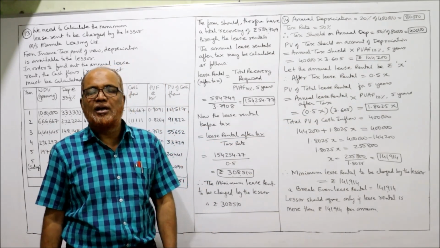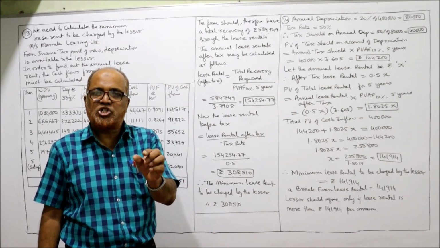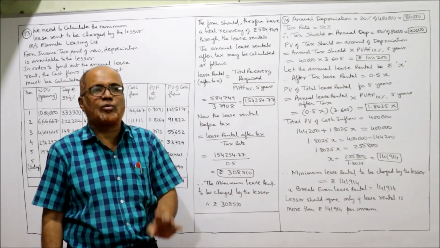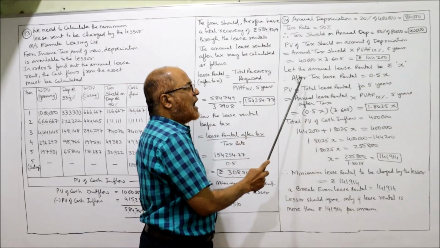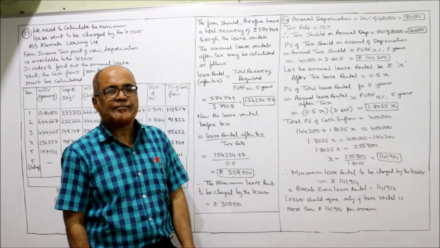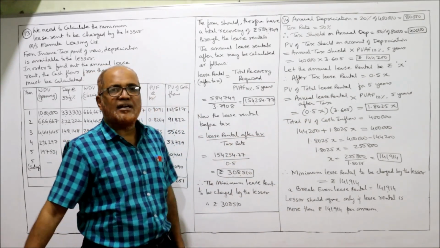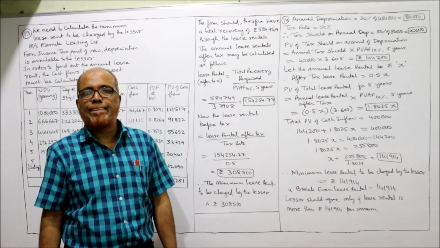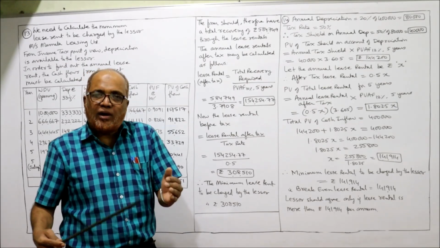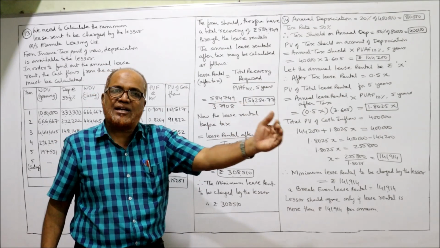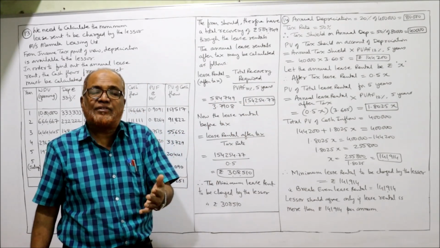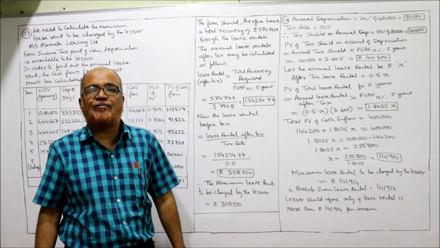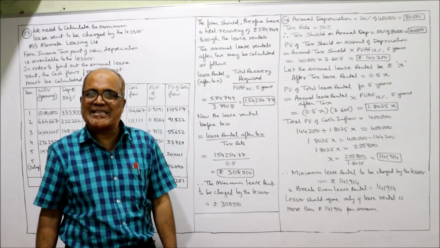Let the annual lease rental be X. Suppose the annual lease rental to be charged from the lessee is X rupees. Before tax we are charging X, but after tax we have only 0.5X because 50% is the tax rate.